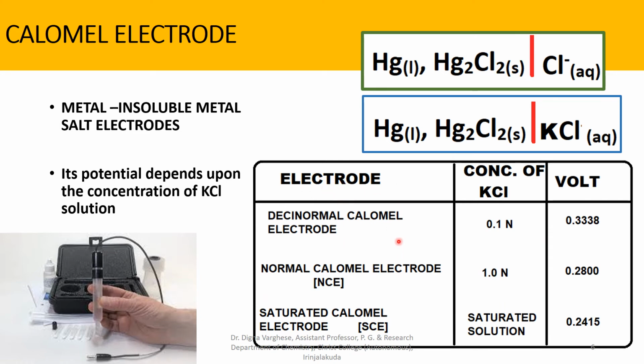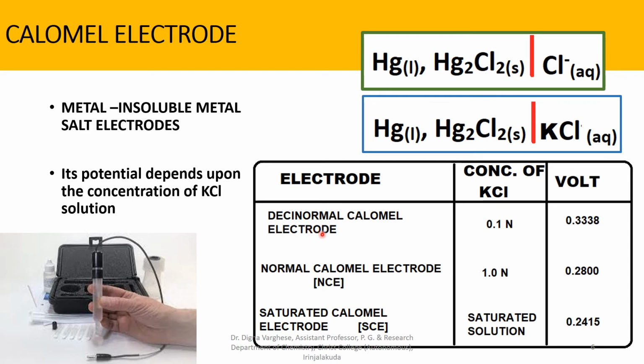There are 3 types of concentrations: 0.1 normal concentration, 1 normal concentration, and saturated solution of potassium chloride. So based on this concentration of potassium chloride solution, there are three types of Calomel electrodes.